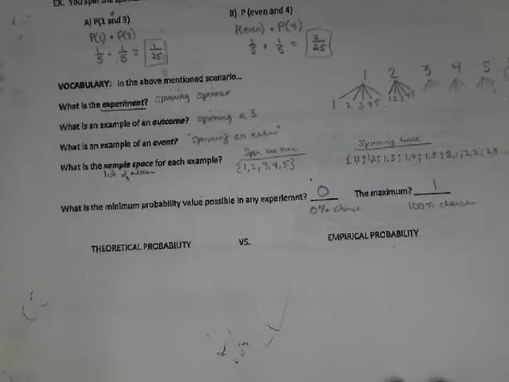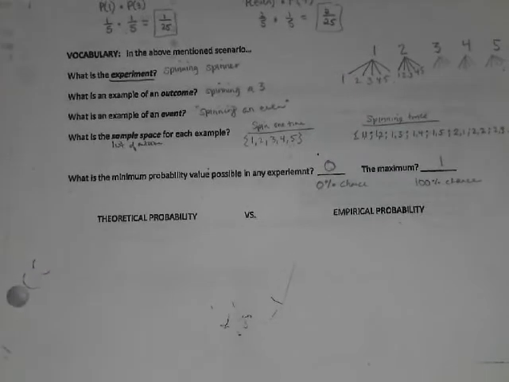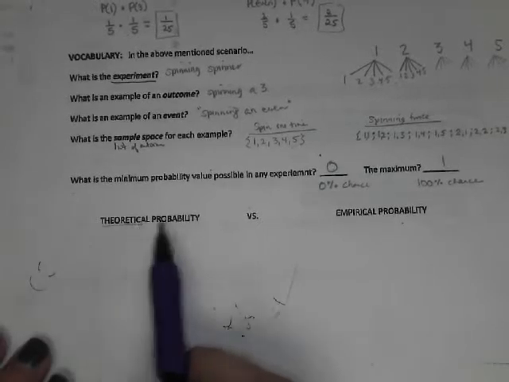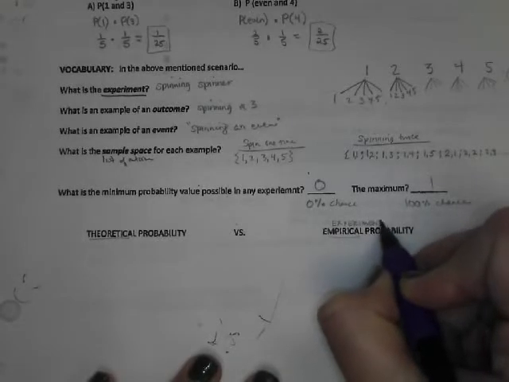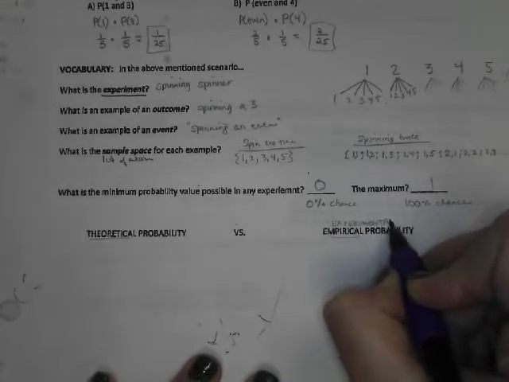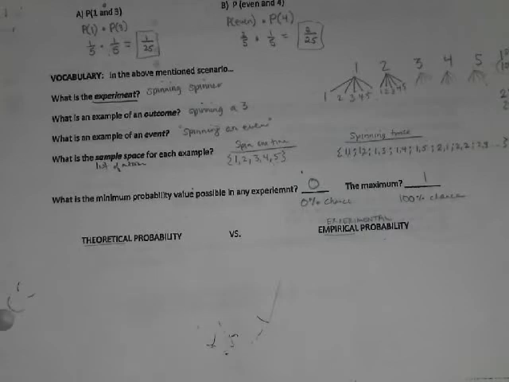Okay? Two definitions that you might have to call on, or you might see these words theoretical or empirical. This might also say experimental probability.